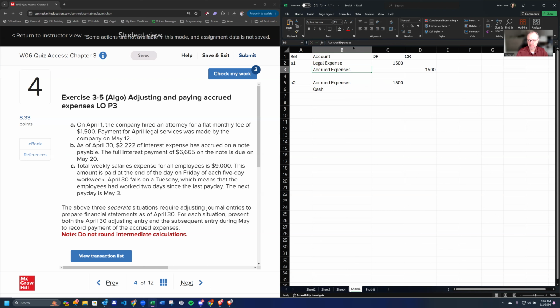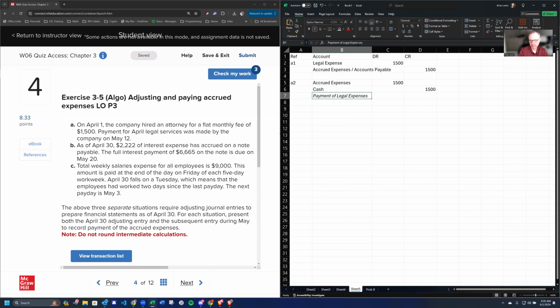This could also be accounts payable too, which, you know, is a form of accrued expenses. Okay, so we'll just play it by ear on that one. 1,500. Okay, that's that one. And if we wanted to, you know, payment of legal.